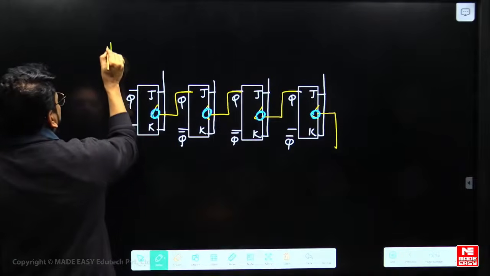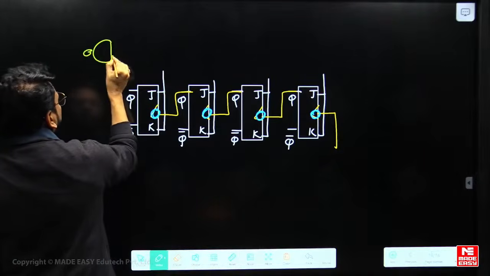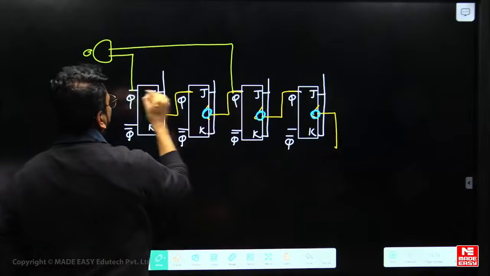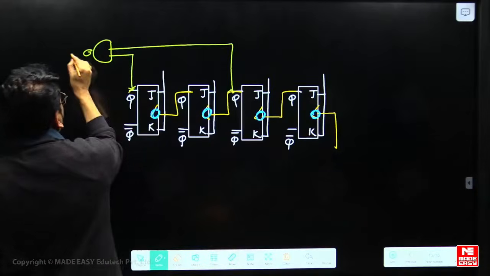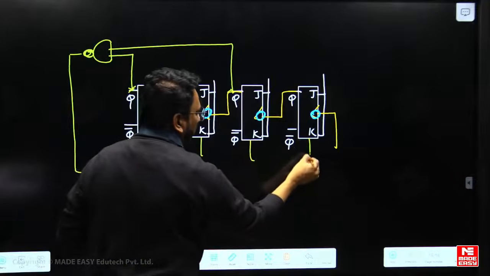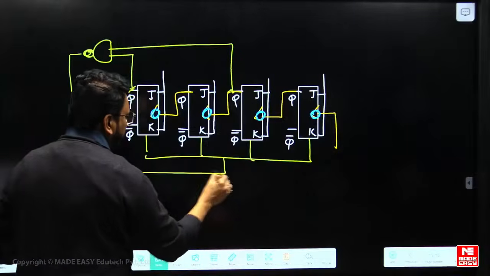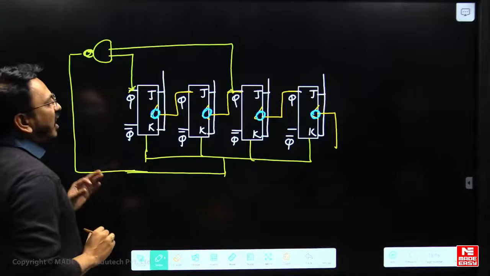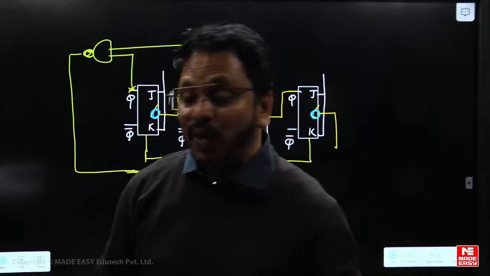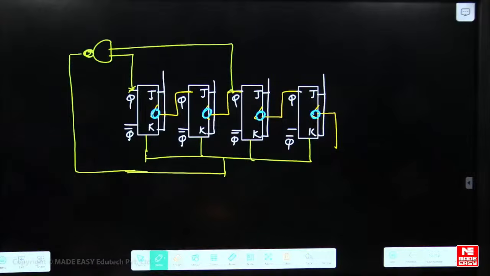And they considered the connection from this, and this one is taken and connected here like this. They are asking the mod value, and also whether it is an up counter or down counter. Now check that and tell me.